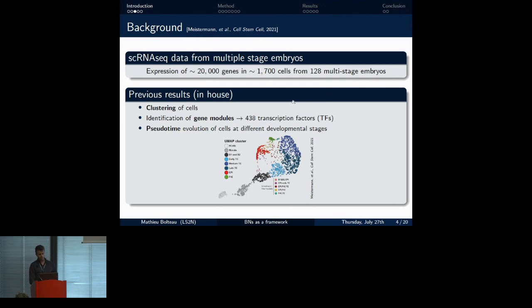A previous study analyzed this data and showed different results. The first one is a clustering of cells, as you can see here with the UMAP. They also identified some gene modules, and they characterized the pseudo-time evolution of cells at different developmental stages.